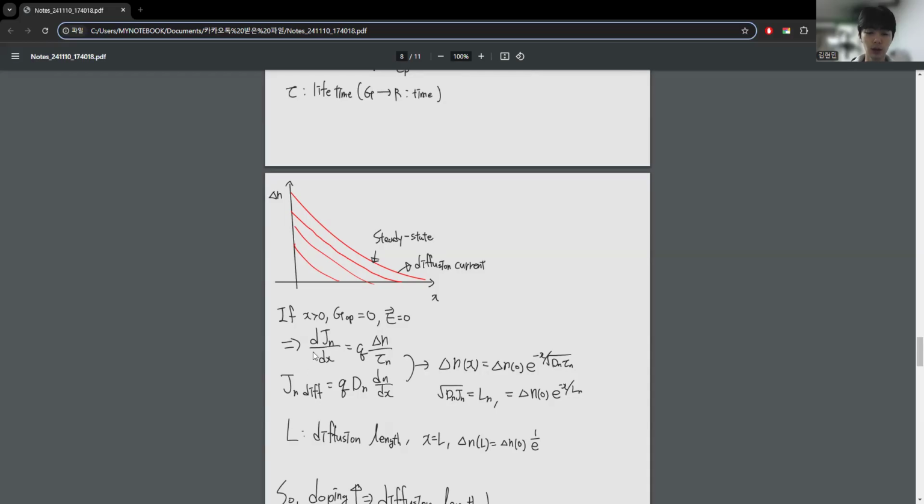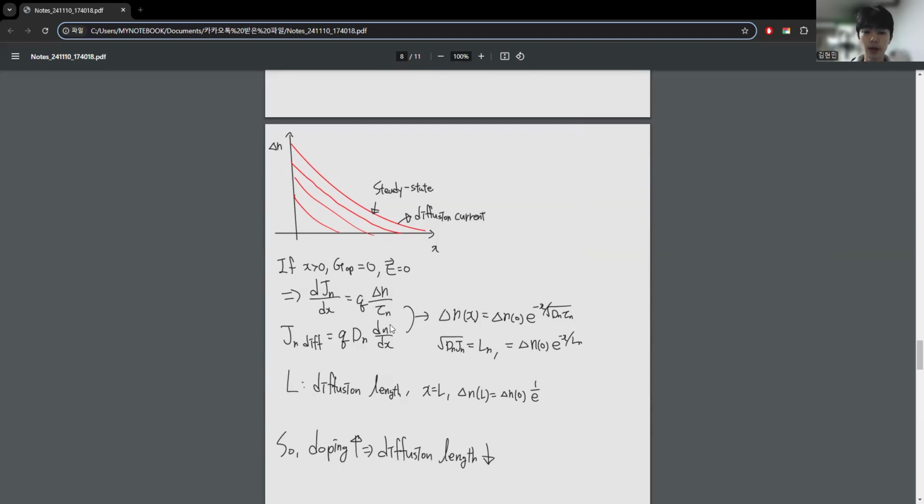So djn over dx equals q times d delta n over tau n, and Jn diffusion equals q Dn times dn over dx.